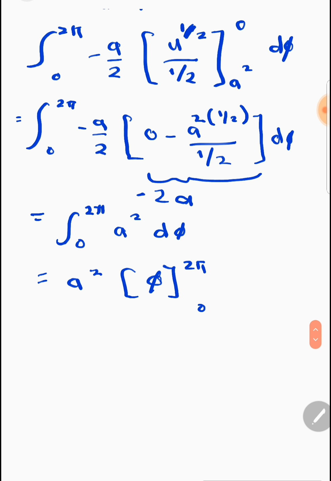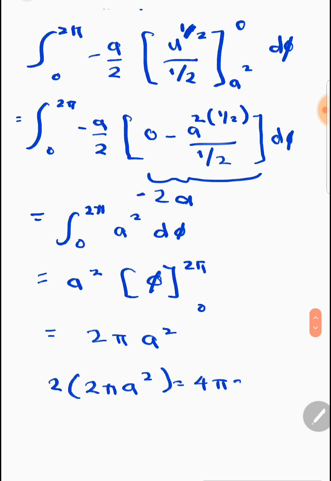So over here I'll get 2 pi a squared, and therefore the total surface area, because if you look at the limit that we searched earlier, the total surface area will then be 2 multiplied by this answer here, 2 pi a squared, which is 4 pi a squared.